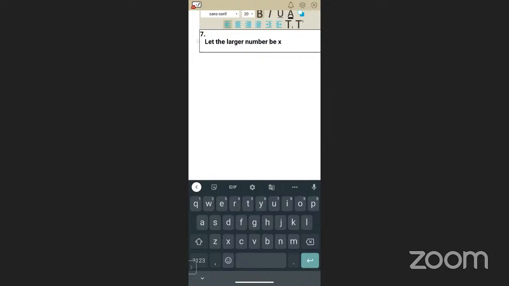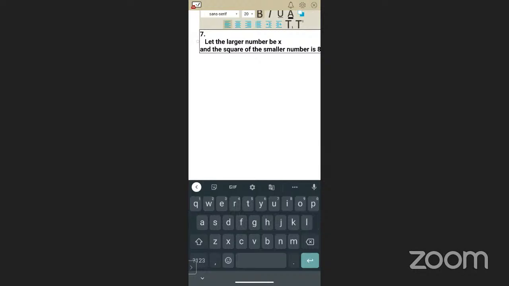The square of the smaller number. Smaller number, which they have already said, is 8 times the larger number, isn't it? So let us type this one as 8x.